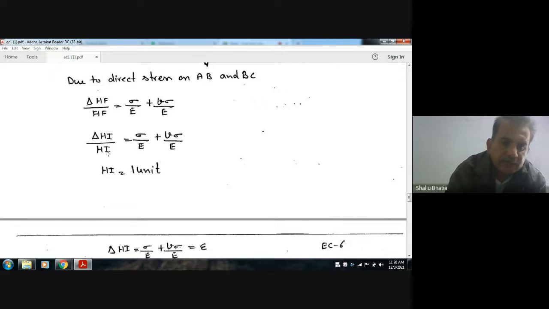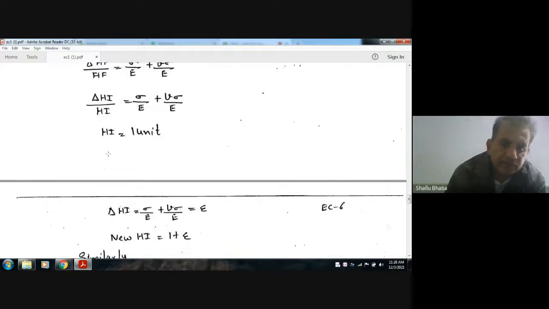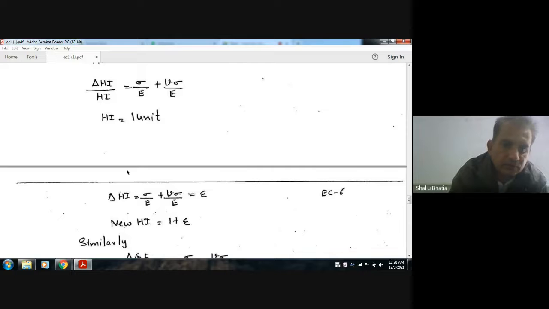So if you put HI equal to 1, del HI is equal to sigma by E minus mu sigma by E, which is equal to epsilon. So now the change in HI is equal to epsilon. Initially HI was 1 unit, so the new HI will be 1 plus the change in HI, 1 plus epsilon.